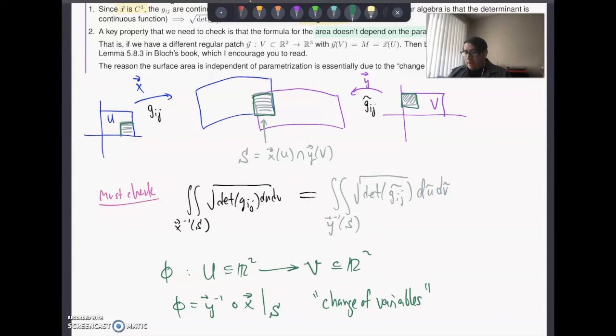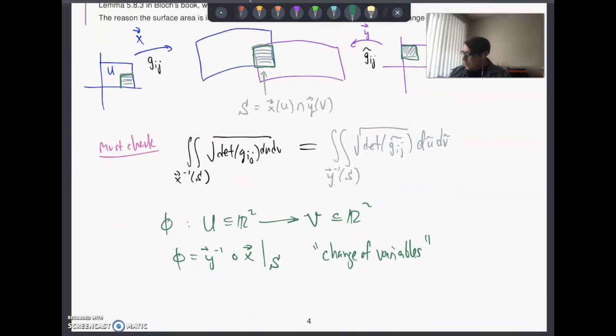And then see how that and the determinant of the GIJs, see how everything talks to itself. The key insight is that the determinant of a composition is multiplicative. So you'll see how the formula really looks like a change of variables. But the calculations I'll just refer you to Bloch's book.